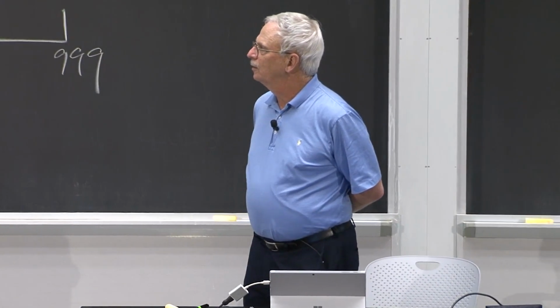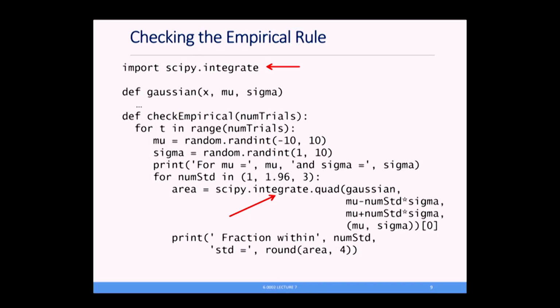So we start by importing scipy.integrate. That gives us all the different integration methods. I'm not going to show you the code for Gaussian since I showed it to you a couple of minutes ago, but I wanted you to remember that it takes 3 arguments, x, mu, and sigma. Because when we get down here to the integration, we'll pass it the function Gaussian, and then the values that we want to integrate over. So those will be the values that x can take upon.